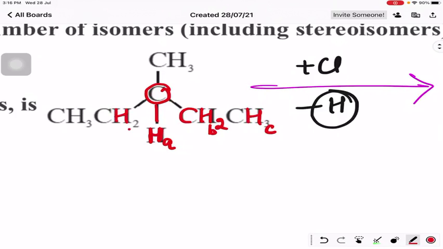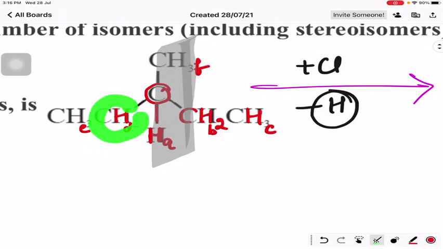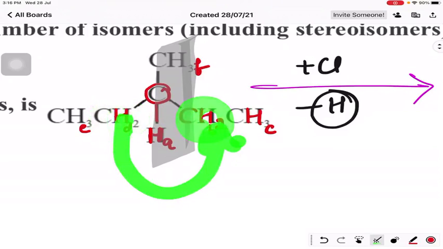Let this be D and this be E and this be F. Now if we draw a plane, if we cut this molecule through this plane, what will happen? This hydrogen is parallel to this side. This hydrogen is reflected by this hydrogen. So it means these hydrogens are equivalent.